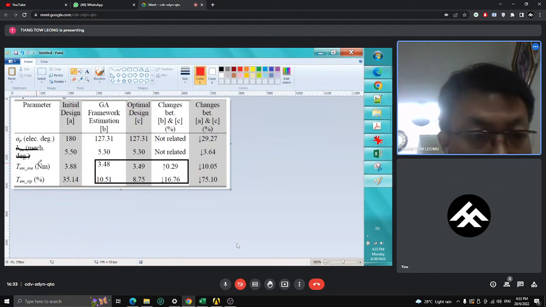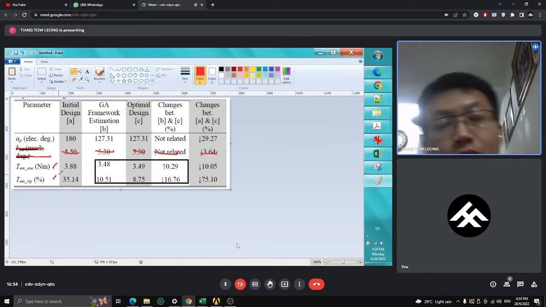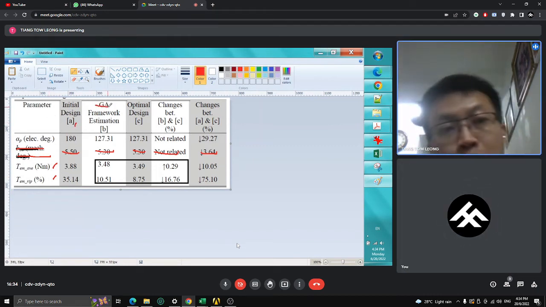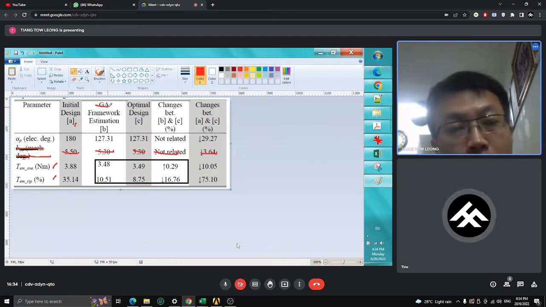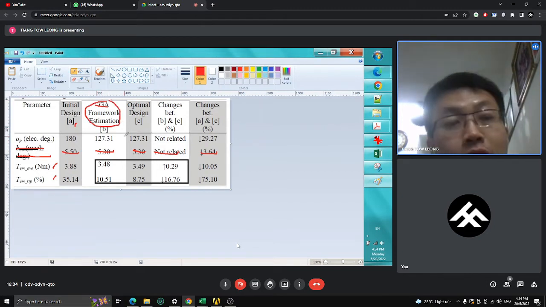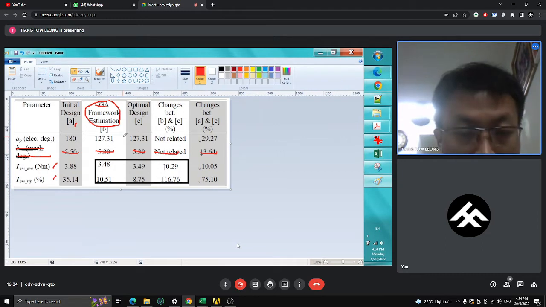BOA tak payah dah. Okay, Hani kena. Sebab this is the two parameter we are doing, right? Initial design, yes. Hani tak payah. GA. This one bukan GA lah. This one you rename as a normalization prediction.